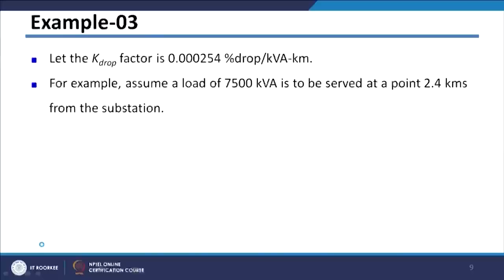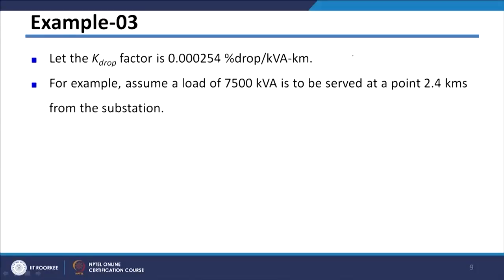Okay, let us see the application of this K drop factor. Let us say your K drop factor is 0.000254% drop per kVA per kilometer.